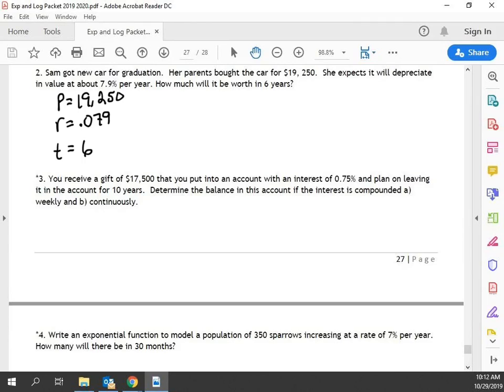I can't see the top of the equation, but I'm guessing the amount is equal to your principal value times 1, and on the equation to the right, it's 1 plus or minus. Well, we're talking about depreciation, so are we going to add or subtract, guys? Subtract. So we subtract the rate, 0.079, and then you raise that to the time, which is 6.